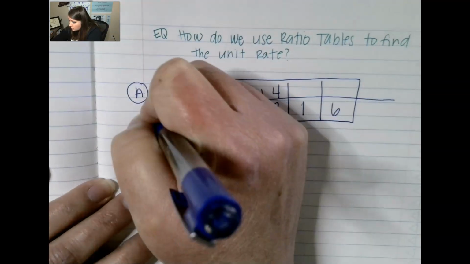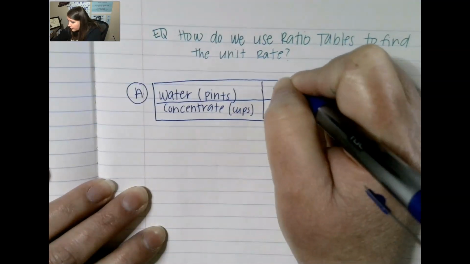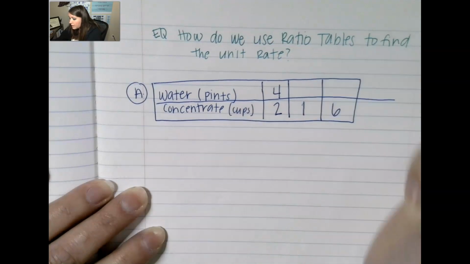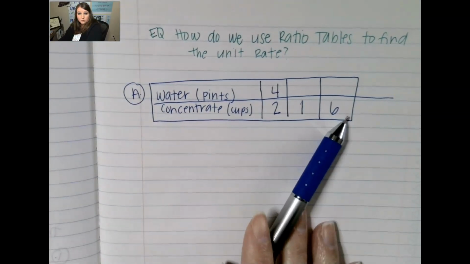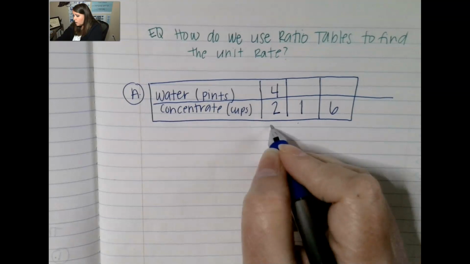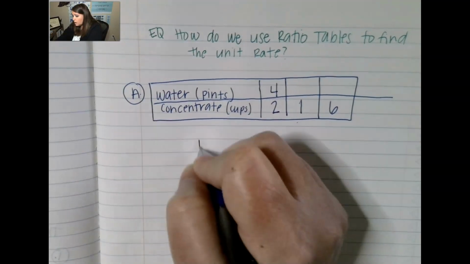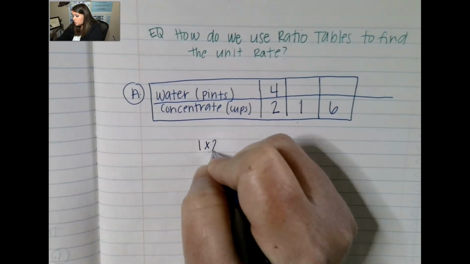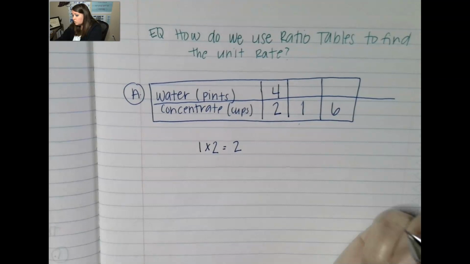And we're going to use this ratio to identify the unit rate and then use that unit rate to solve for 6 cups. So we're going to start on the bottom, and I want to know, how do I get from 1 to 2? What did I do? So 1 times 2 gives me the 2.